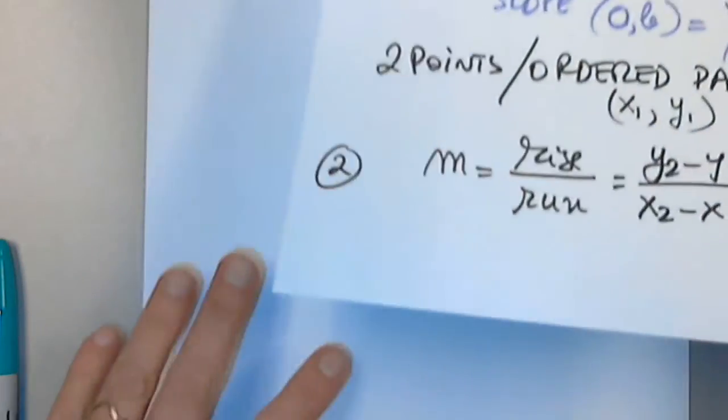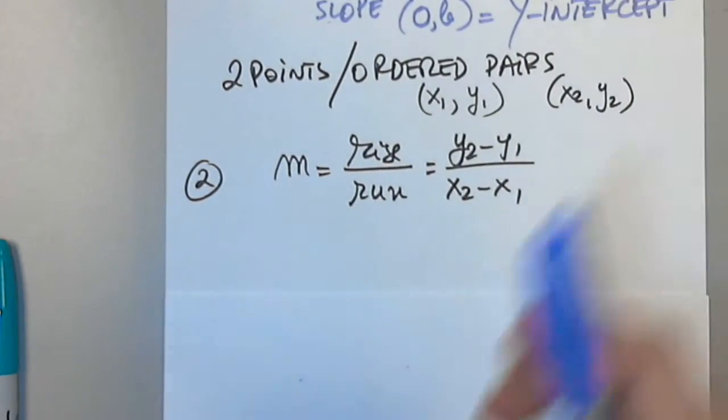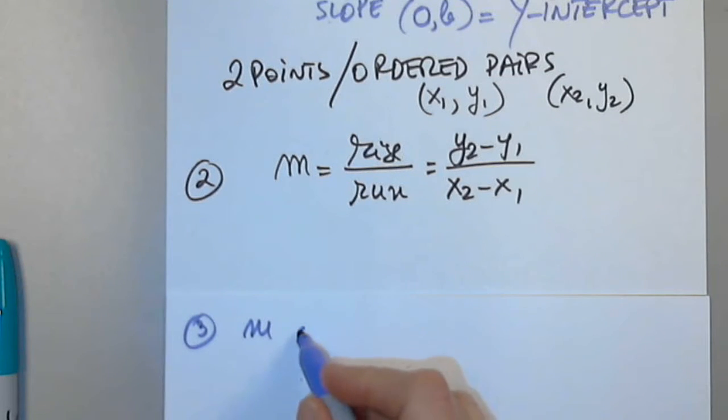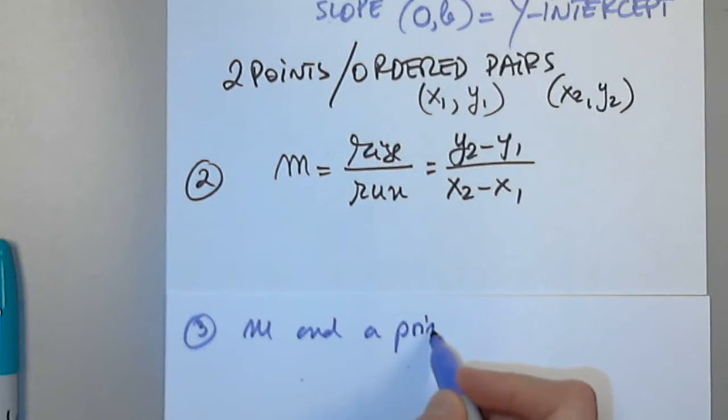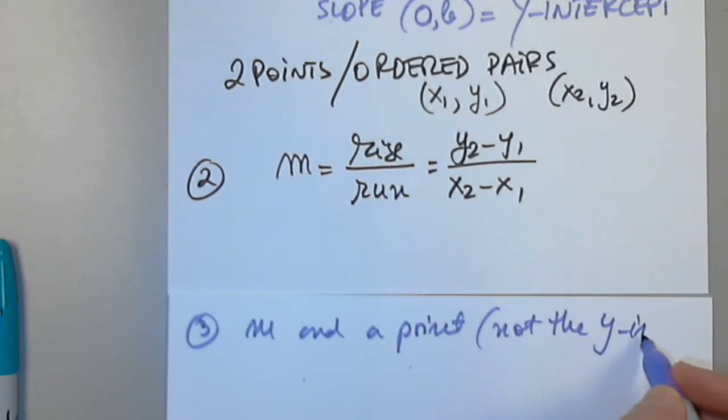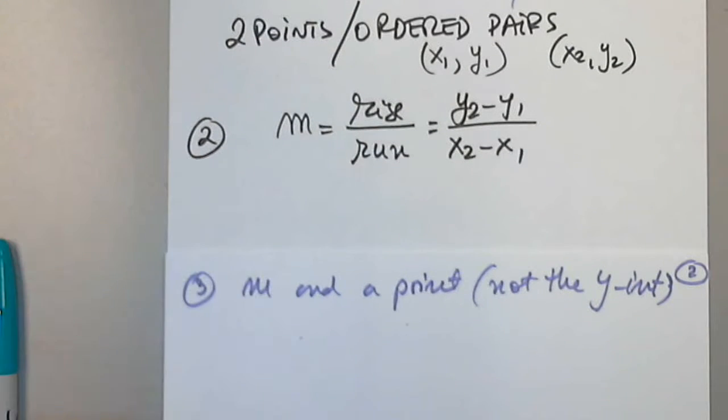Now, what if I have the slope and a point? So given the slope and a point, not the y-intercept. What equation will I use to determine the equation of the line?